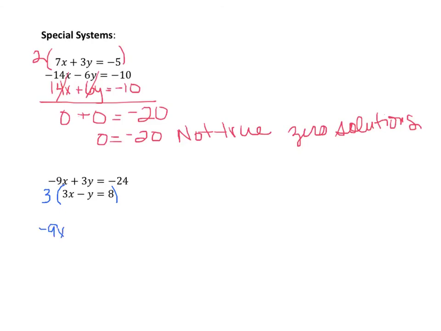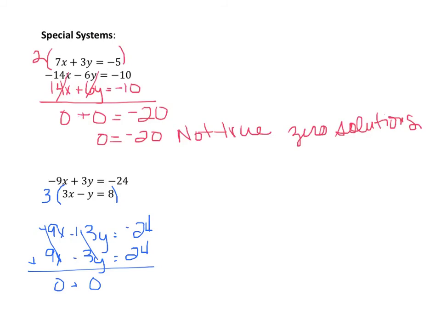So here's my first equation and my second equation. And when I add them together, that's 0, that's 0, that's 0. 0 equals 0 is true.